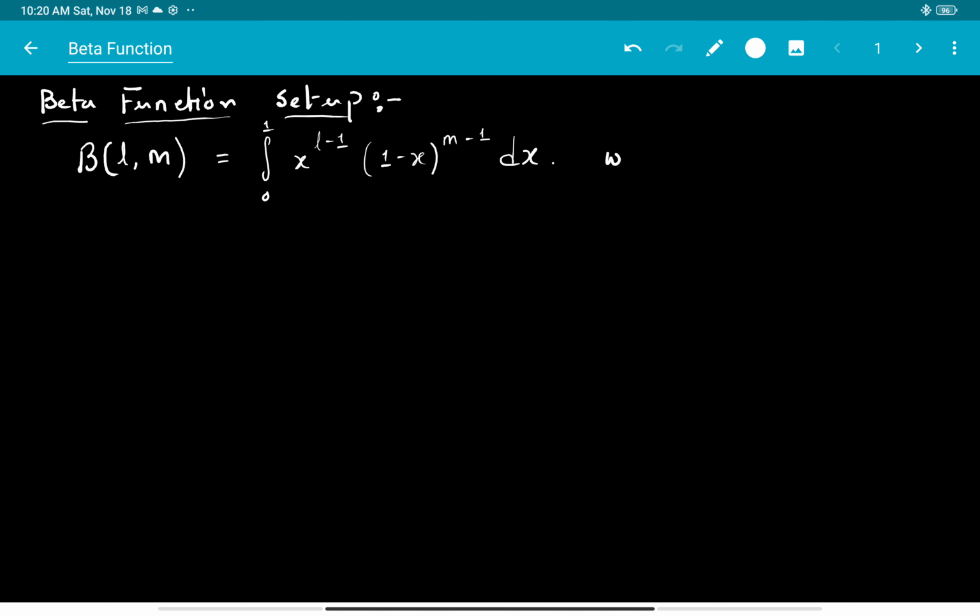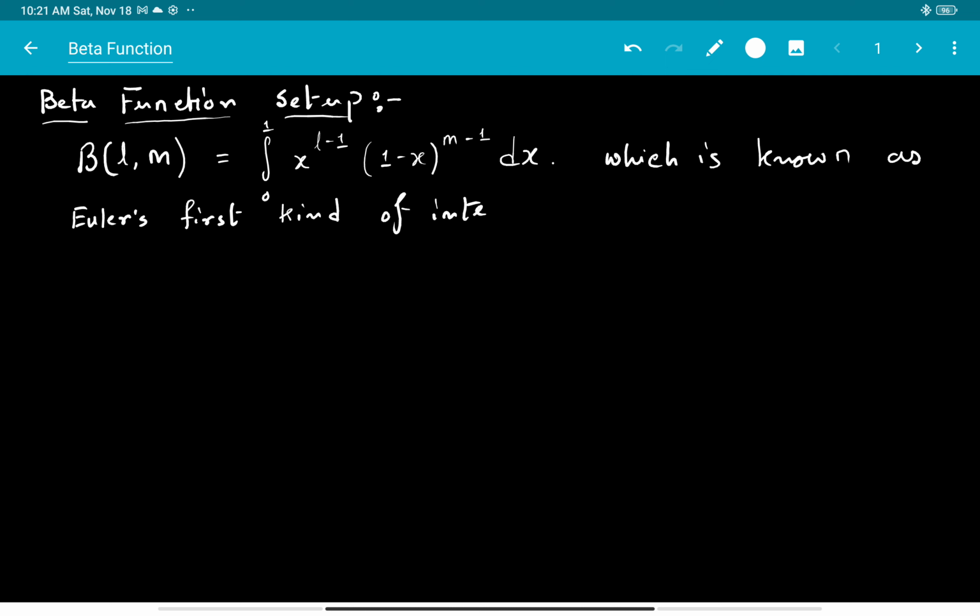It is known as Euler's first kind of integral.